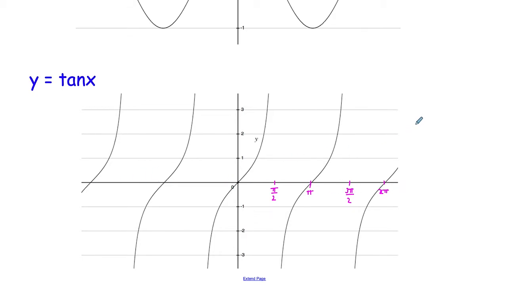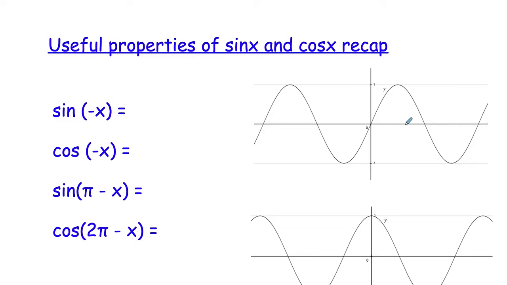So let's have a look at some important properties that we need. We looked at this in 5b, but these are the ones I think are most important for when we're working out missing angles or solving equations given a range of values for x.